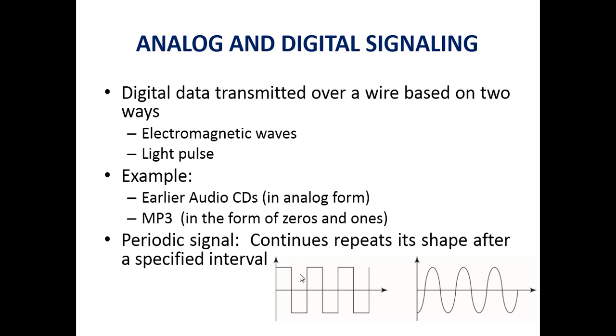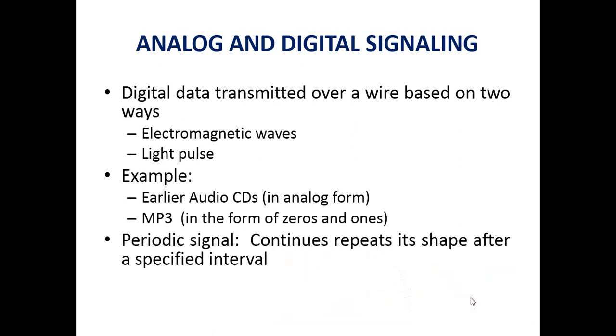So that is called periodic digital signaling. This one is the periodic analog signaling, because the shape after some specific interval is constant, or the same.